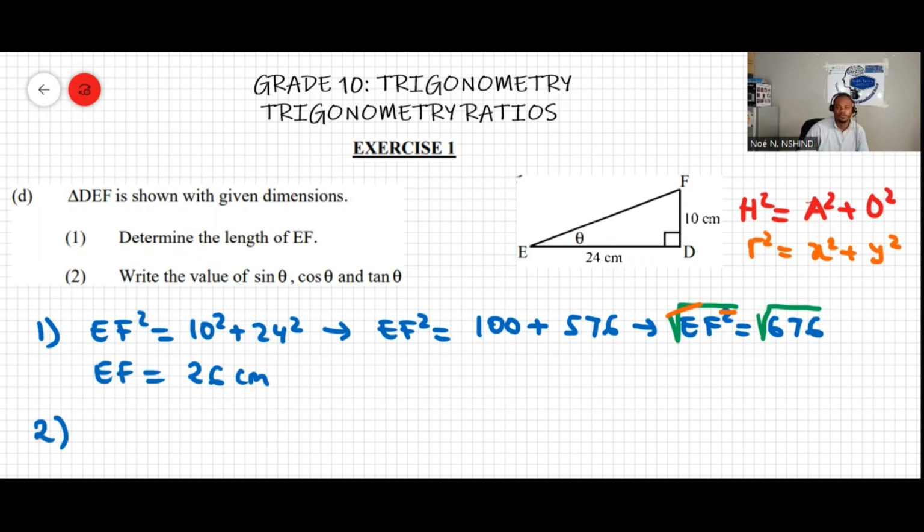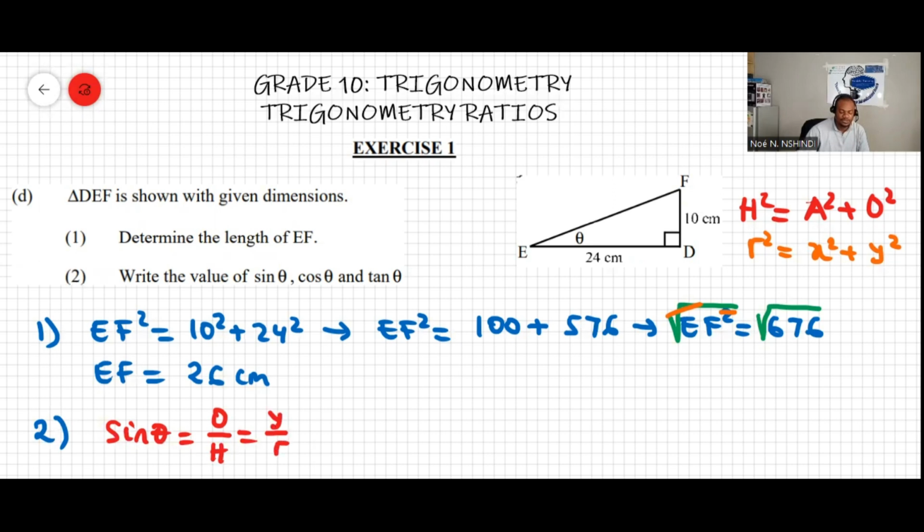Now, question 2 says write the value of sine theta. What do we know for sine theta? Sine theta is given by opposite over hypotenuse, or sometimes written as y over r.